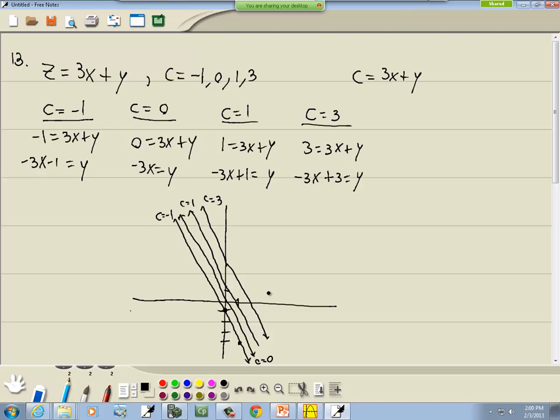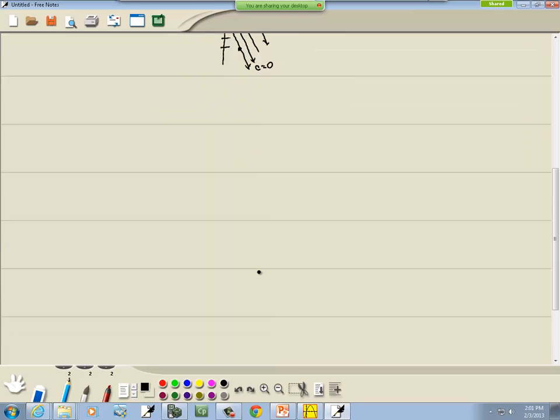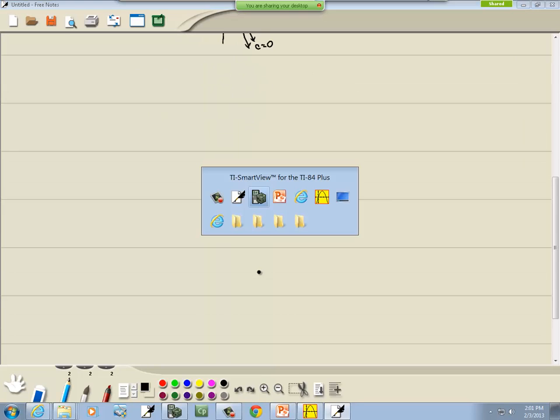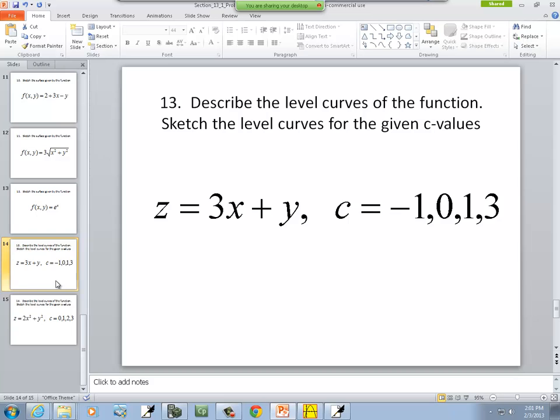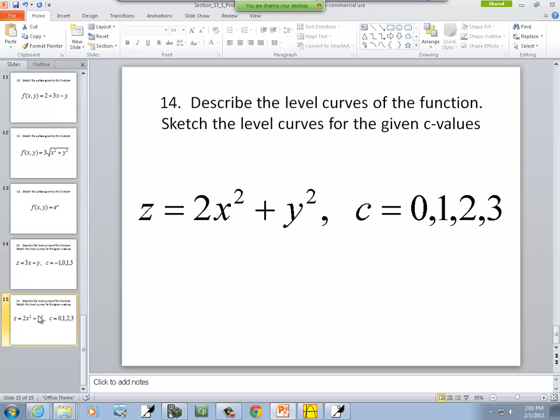So you can see as it changes what the different heights are, which is where it's especially useful. But if you're graphing in 3D by hand, the level curves are crucial to understanding what your picture looks like.